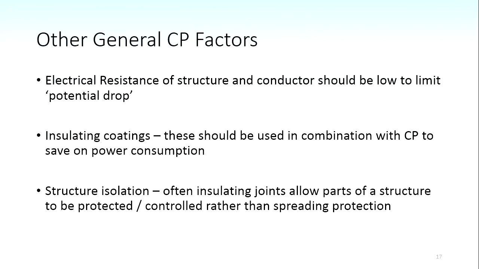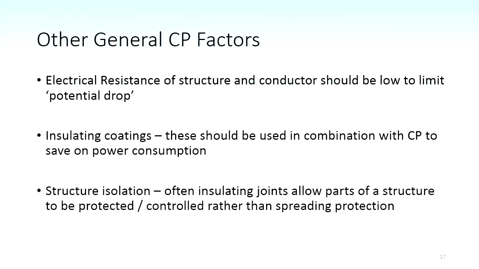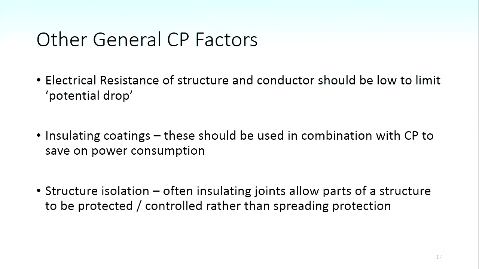So for example, quite a lot of the pipe is buried underground, and then it will come to the surface where you've got a pumping station. Above ground you don't need the CP. You've also got the compressor and various other bits of electrical kit in the pumping station. You don't really want the cathodic protection system to be linked through the compressor area.